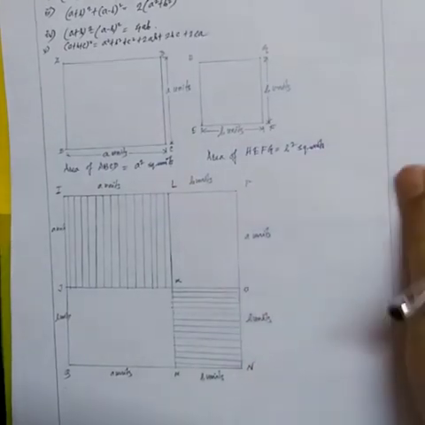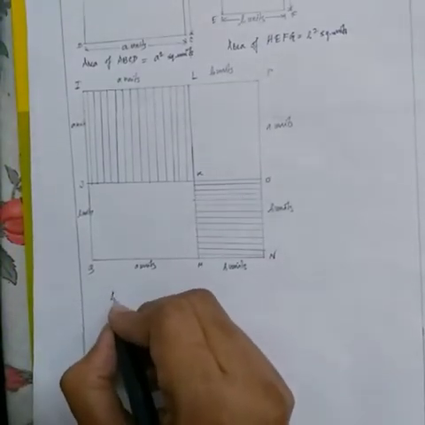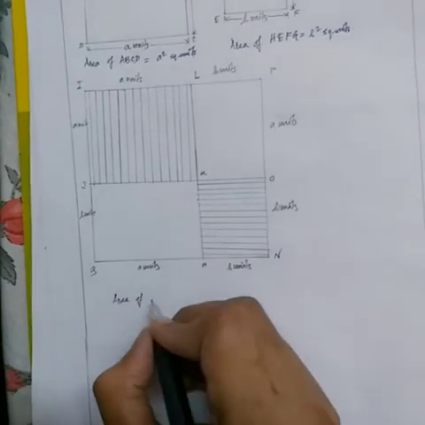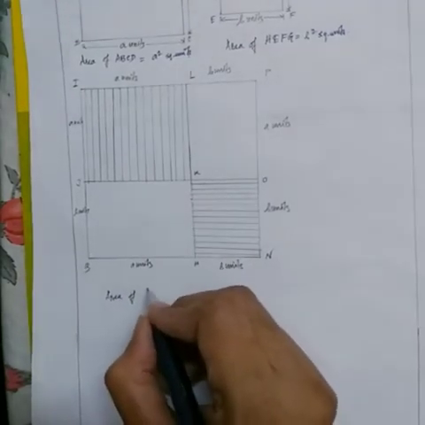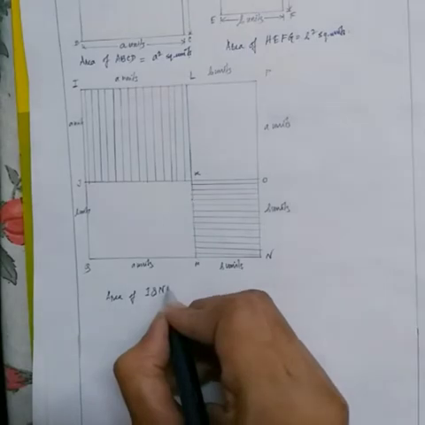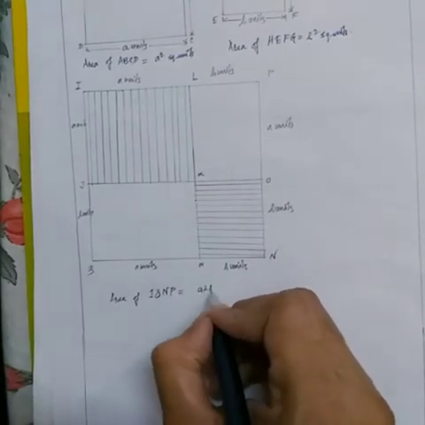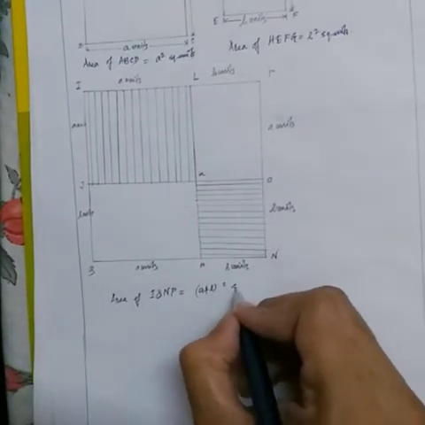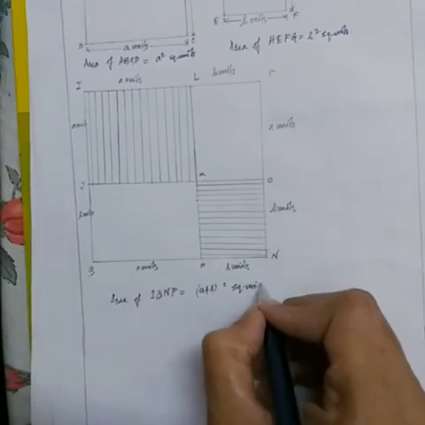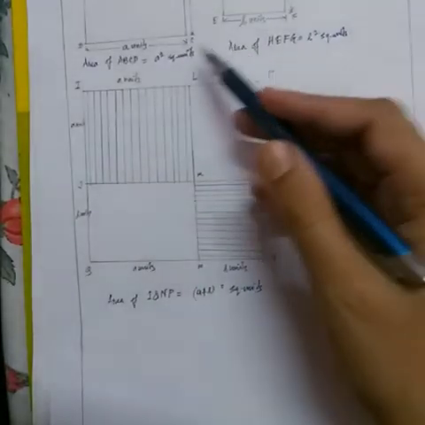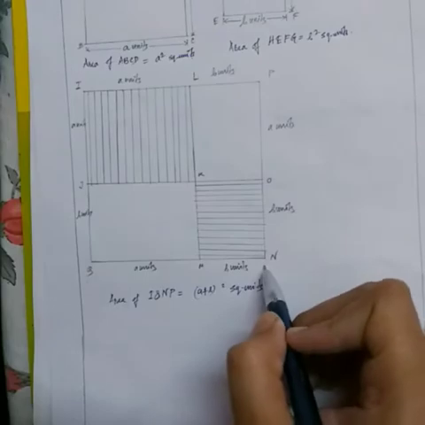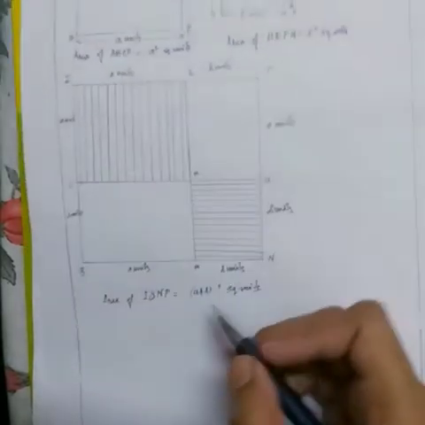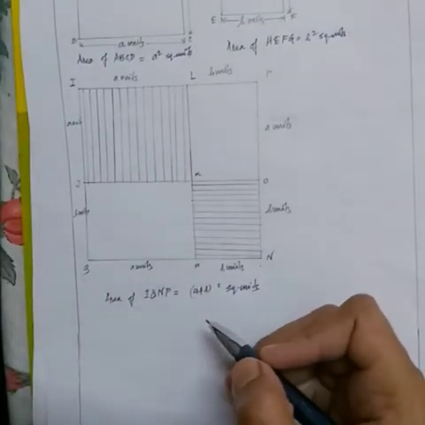So therefore the area of IQNP is nothing but (a plus b) whole square units. I hope this is clear, because for this big square each side measures a plus b units, so its area should be (a plus b) whole square. Simply the formula, side square.